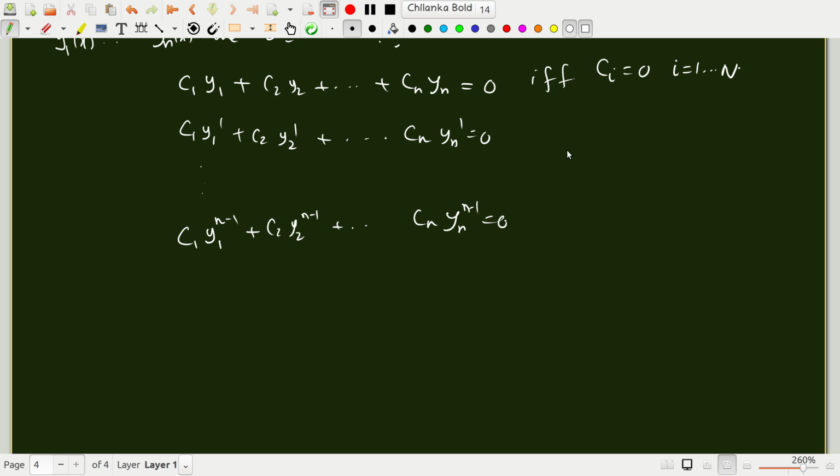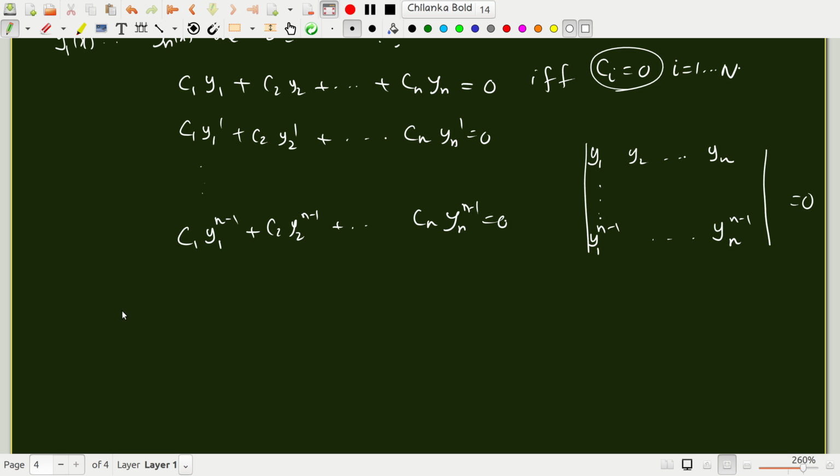If this is to have only the trivial solution, the determinant of this coefficient matrix should be non-zero. That is the condition for linear independence of these n solutions.